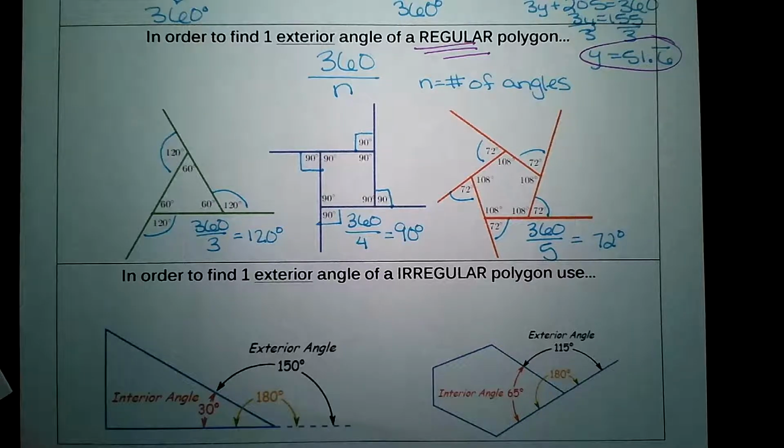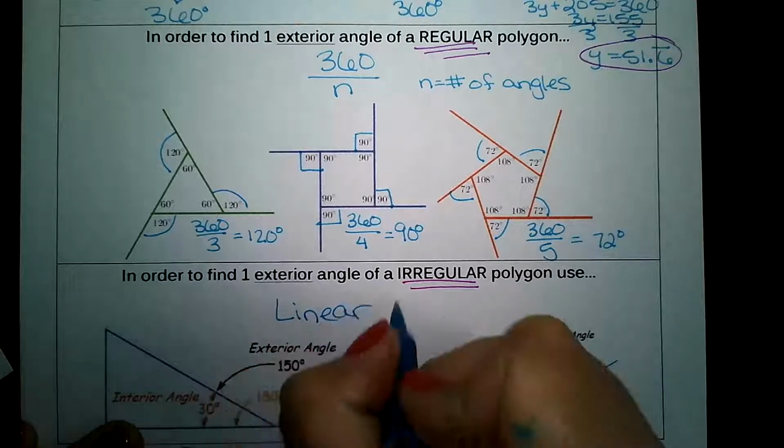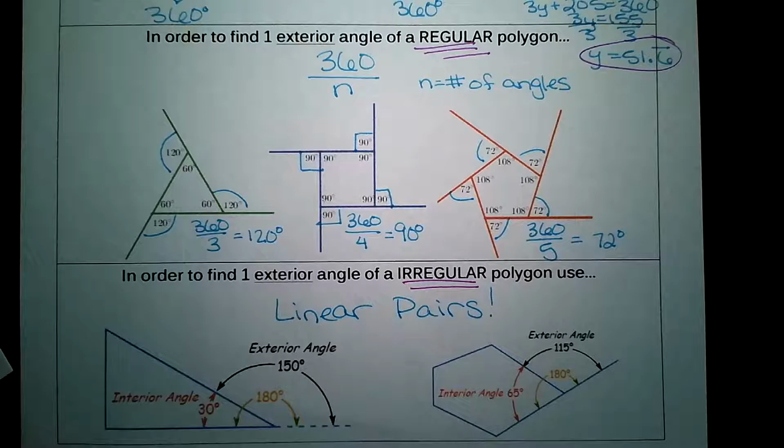Well, what if it's not a regular pentagon? What if we're looking at an irregular pentagon or hexagon or heptagon or whatever? Well, if you're looking at an irregular shape, I highly suggest you use linear pairs to solve for the exterior angle.